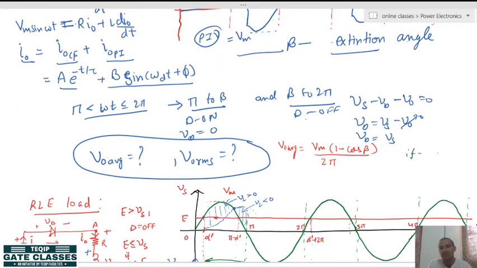If beta is equal to pi, cos pi is minus 1, so 1 plus 1 is 2, the 2 and 2 cancel out, and the average output voltage is Vm upon pi. So this average value of mine is correct.